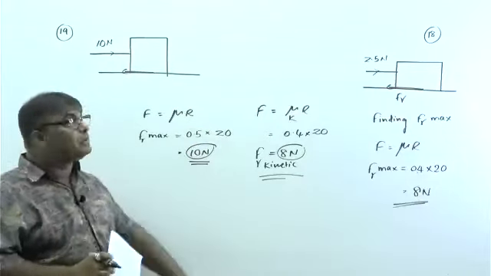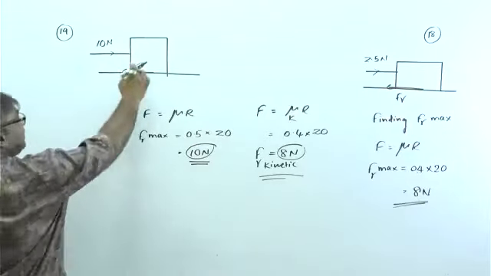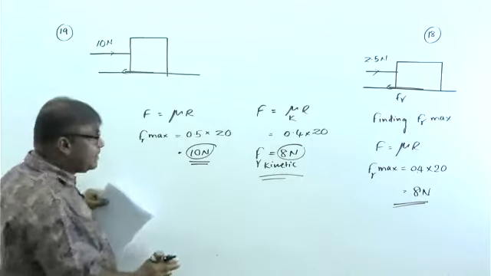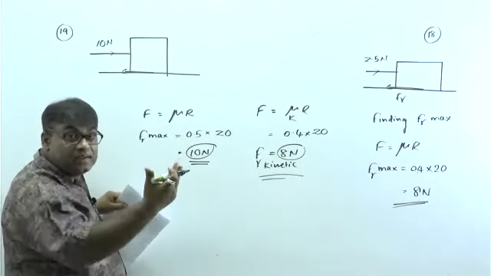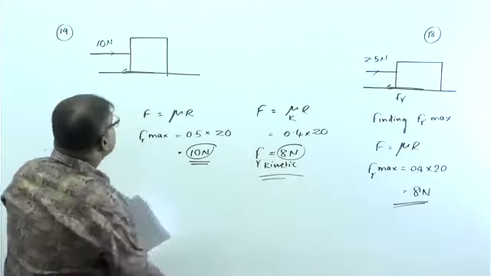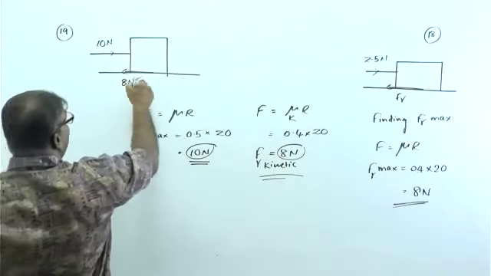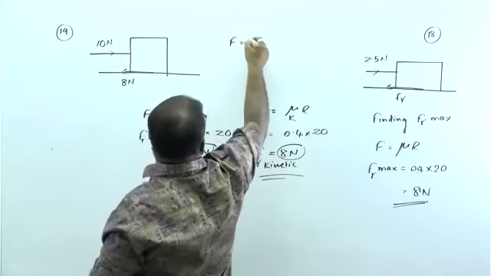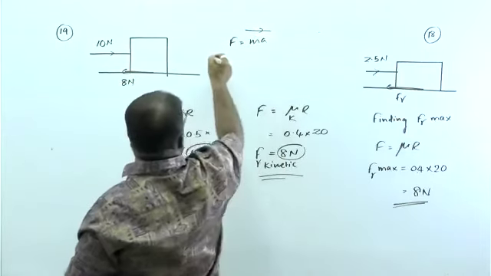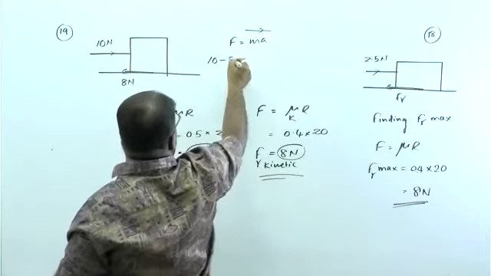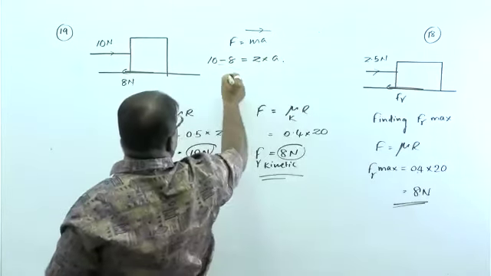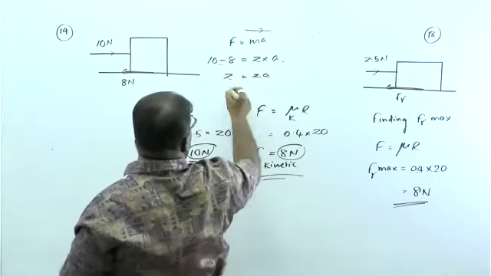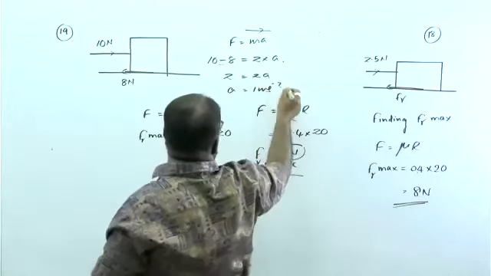That means the object is dragged with 10 Newton. And as soon as it is dragging along the surface, friction becomes 8 Newton. Then the object has acceleration: 10 minus 8 equals mass 2 times a. So 2 equals 2a, and a becomes just 1 m/s squared.